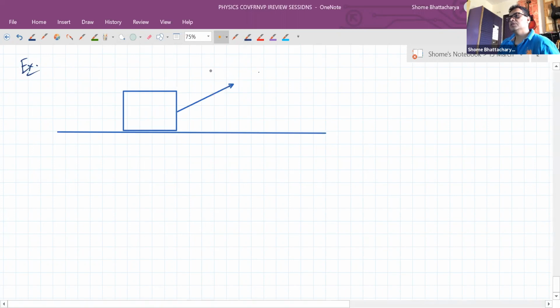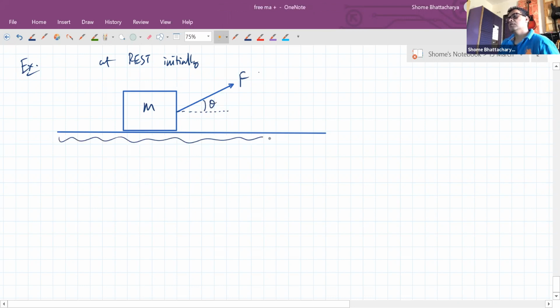So I have this situation. The block is at rest initially, and this force is applied at an angle of theta. The coefficient of kinetic friction and static friction is given to us.